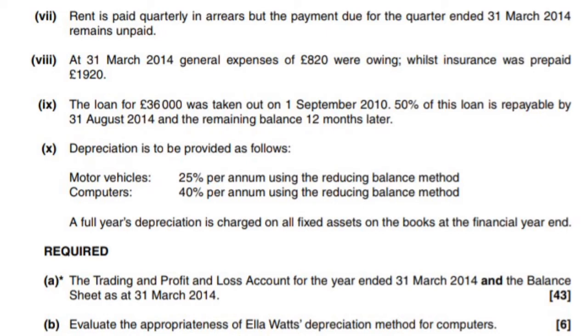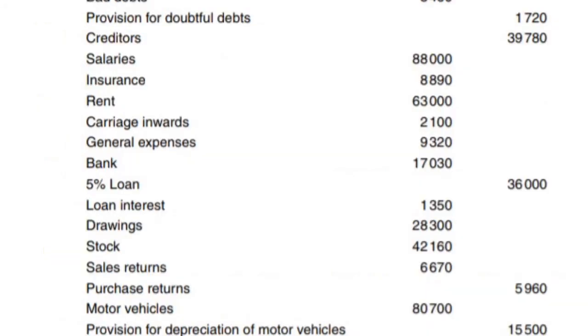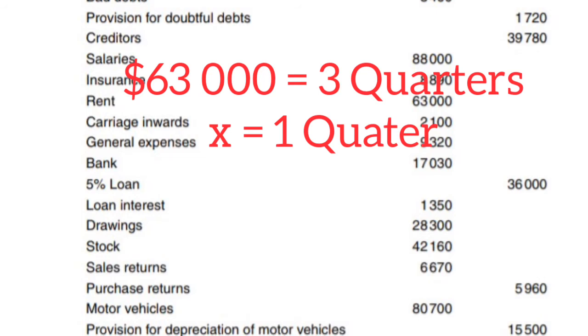And so if you look in your trial balance, there is rent of 63,000. So it means 63,000 is covering the rent of the first 3 quarters. Remember, any figure or any expense that you see in the trial balance refers to the amount actually paid for that expense.